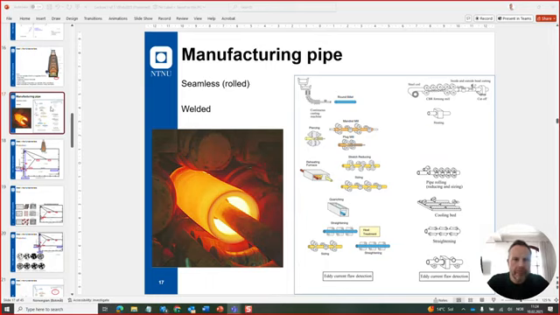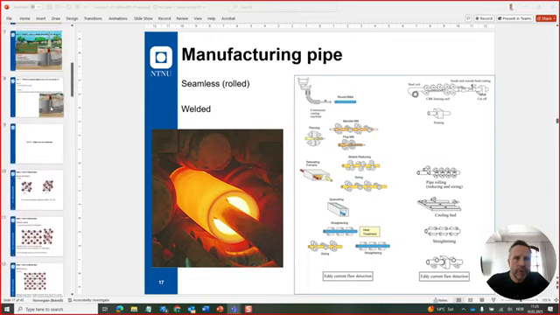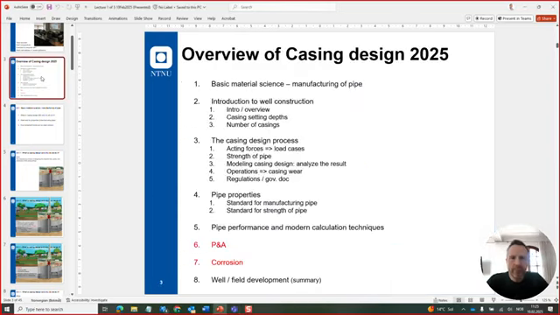What I just realized was that we jumped over the overview of the class, as per se. We're not going to spend a lot of time discussing the overview, but as you know, the basic material science is what we're covering today.